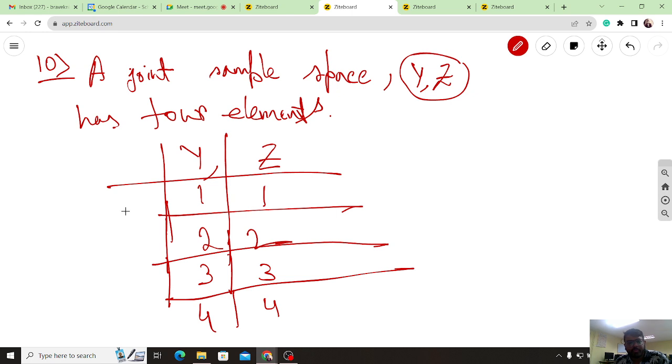And the corresponding probabilities I am writing here, this is the probability values: this is 0.1, this is 0.35, this is 0.05, and this is 0.5.